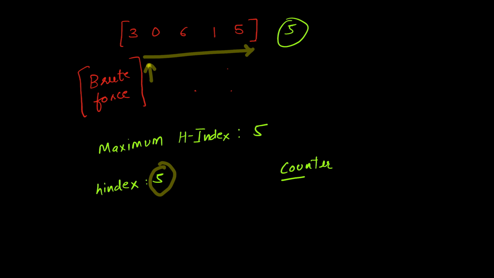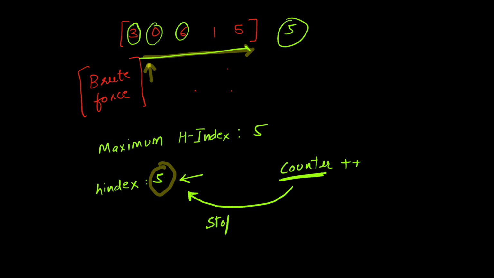During the iteration, we'll use a variable called counter, which will be incremented every time we stumble upon an entry whose citation value is greater than or equal to the expected H-index. And as we are looking for the maximum H-index and we are starting the loop with the highest possible value of H-index, we can stop the iteration whenever we get a combination that we are looking for.